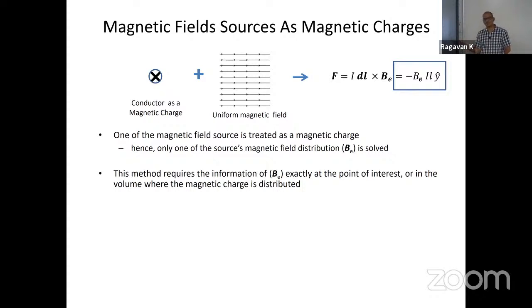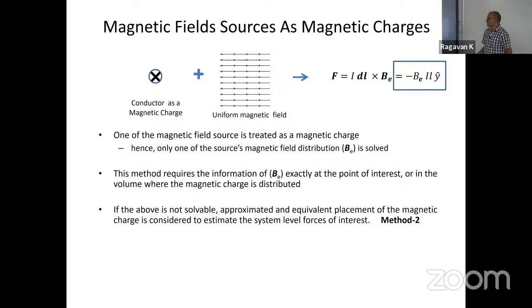One important thing here is if you are implementing this method, you need the field of the source which you are solving exactly at the point where your magnetic charge is present. Like if you are applying BIL here, you need to know wherever that conductor is, what the external field's value is at that point. You can't take some other point's value and apply it.